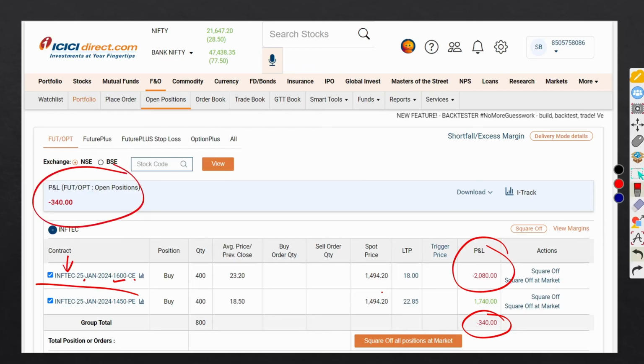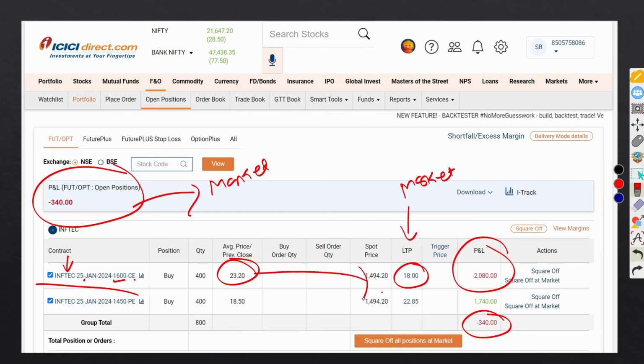So now you have a loss on this investment, it means this becomes your market. Because if you see, I have the purchase price as well. I purchased at 23.20 by paying premium, but the last trade price, meaning market price, is 18. So if you compare this with 18, in this case I have a loss.